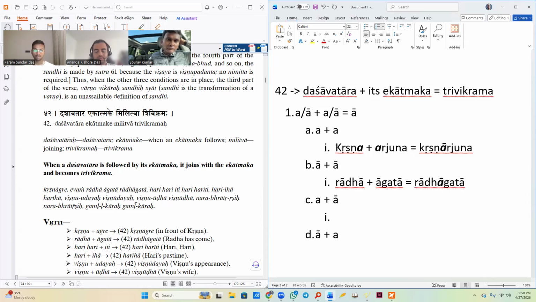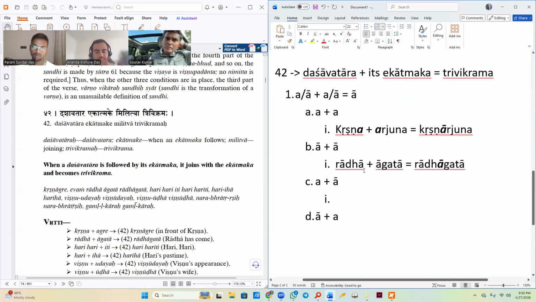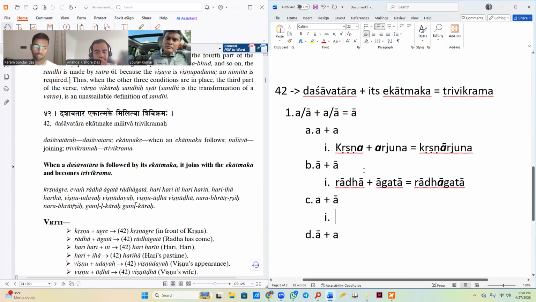Then let's say Krishna Agata is not a valid word. Let's say something like Rama Astha, just something random.